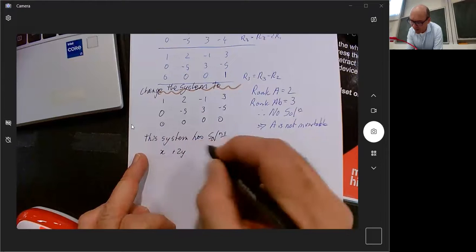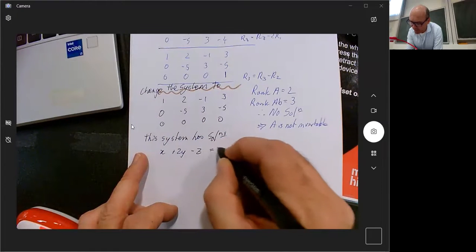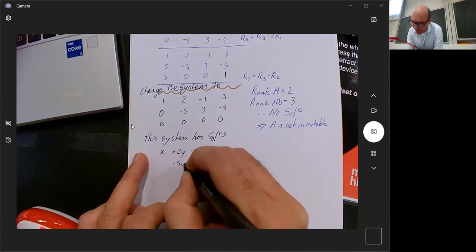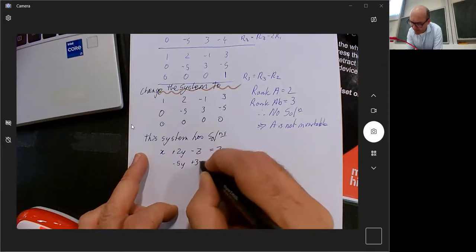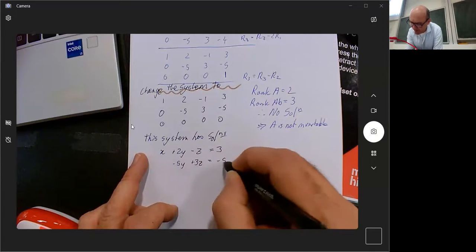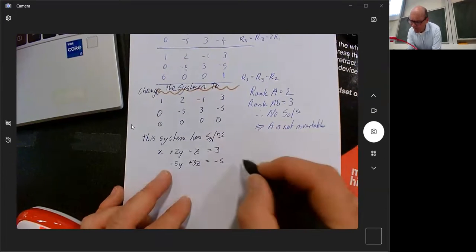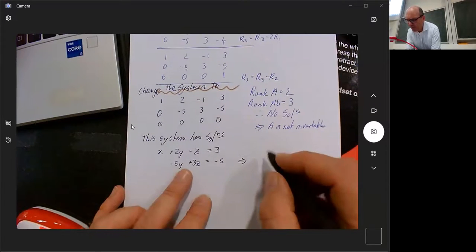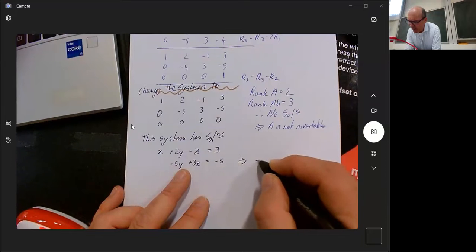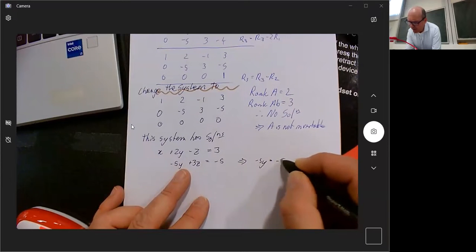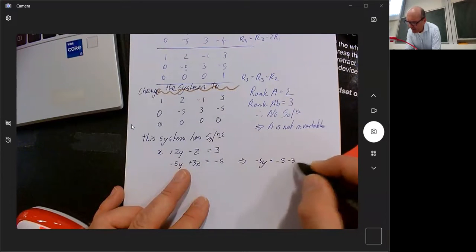This is saying x plus 2y minus z is equal to 3, minus 5y plus 3z is equal to minus 5. The other row is saying 0x plus 0y plus 0z is equal to 0, not worth putting in. I can use this equation to say minus 5y is equal to minus 5 minus 3z.